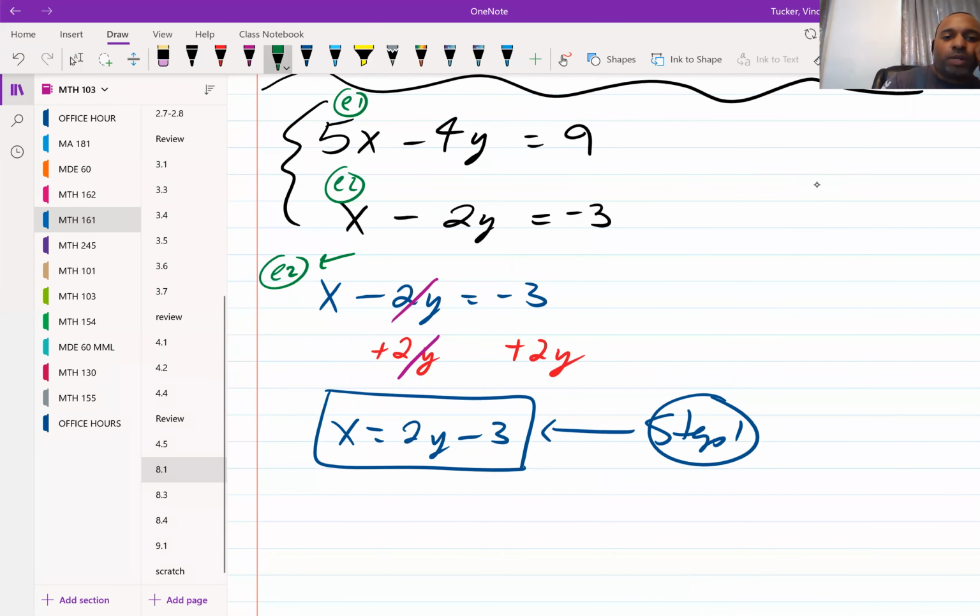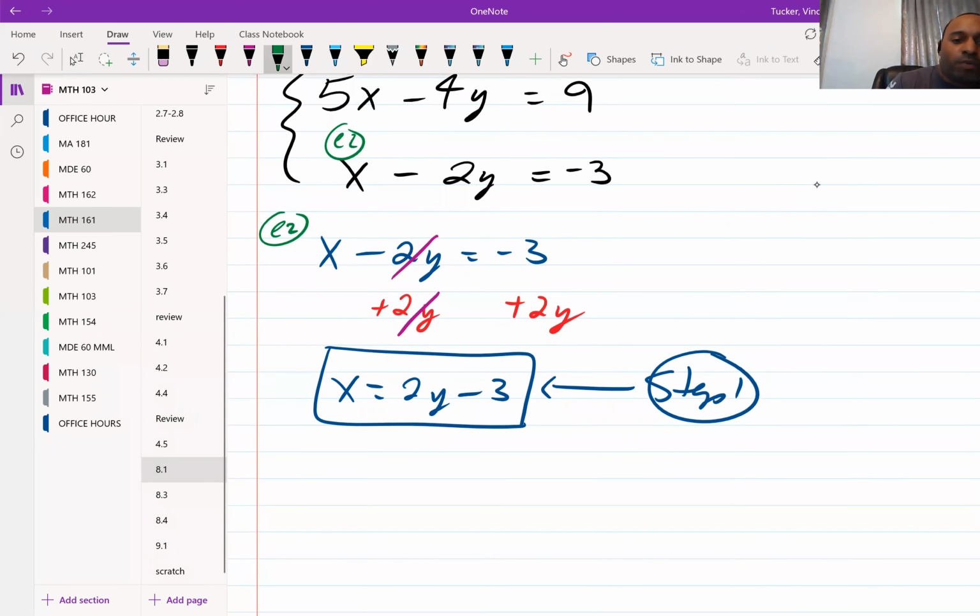We used equation 2 in the last step, so we're going to start off using equation 1: 5x minus 4y equals 9. Here we know what x is equal to: x is equal to 2y minus 3. So we plug in 2y minus 3 where I see x.